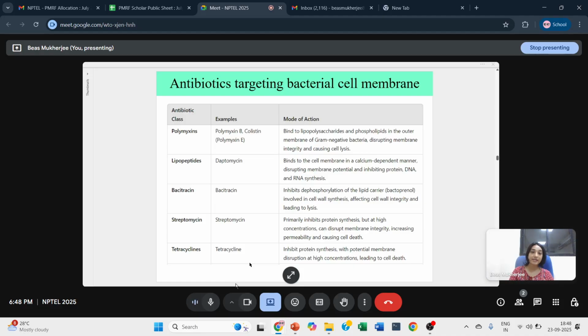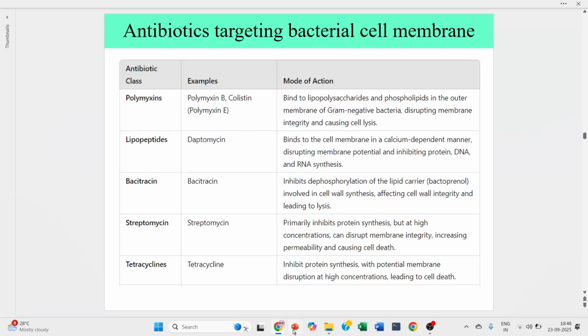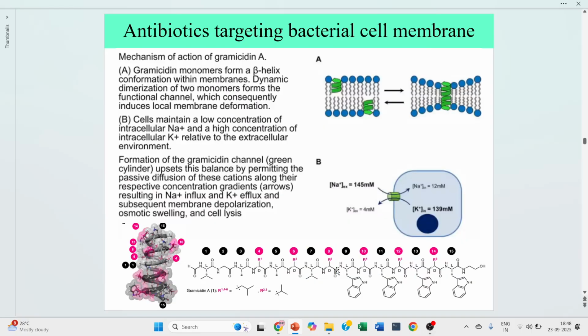Streptomycin primarily inhibits protein synthesis but at high concentration can disrupt membrane integrity, increasing permeability and causing cell death. The next one is tetracycline. Tetracycline inhibits protein synthesis, with membrane disruption at high concentration, leading to cell death. Tetracycline, streptomycin and bacitracin are very important and commonly used antibiotics. It's good if you remember these.